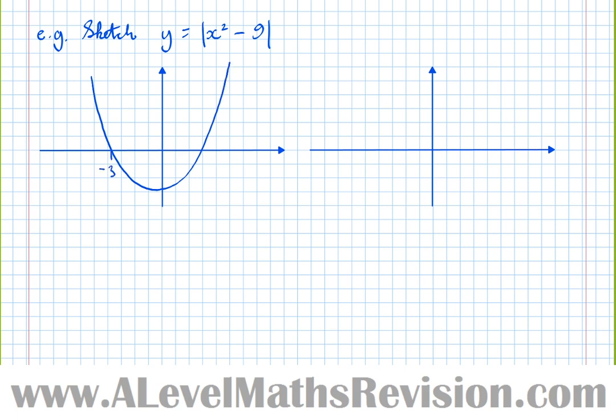And we know the roots are minus 3 and 3. And the y-intercept's minus 9. What happens to this? The negative part is reflected upwards, like that.